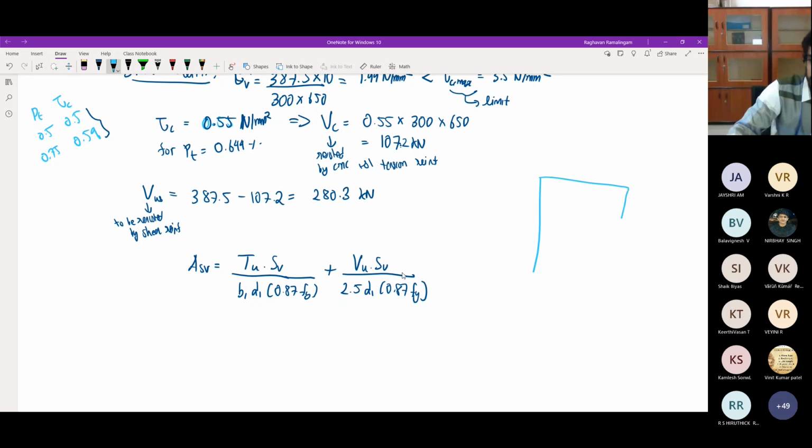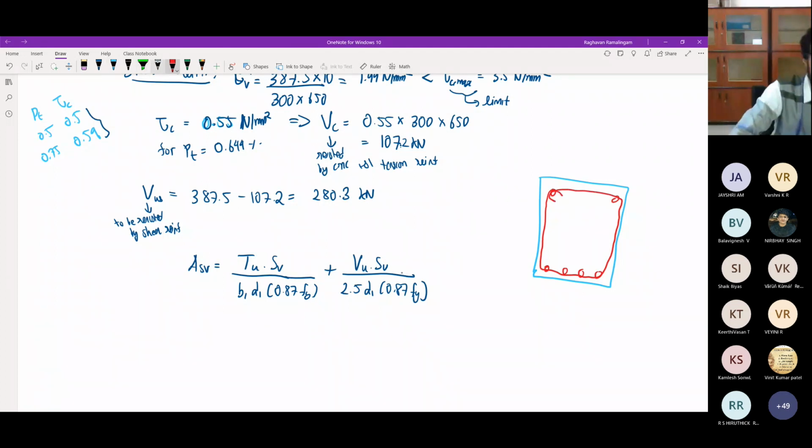Before this I need to assume what are all the things that I have. If this is my beam, I need to find out b1 and d1. Assume the bottom has 4 bars, and at the top I'm giving something to hang the stirrups. My stirrups come like this.